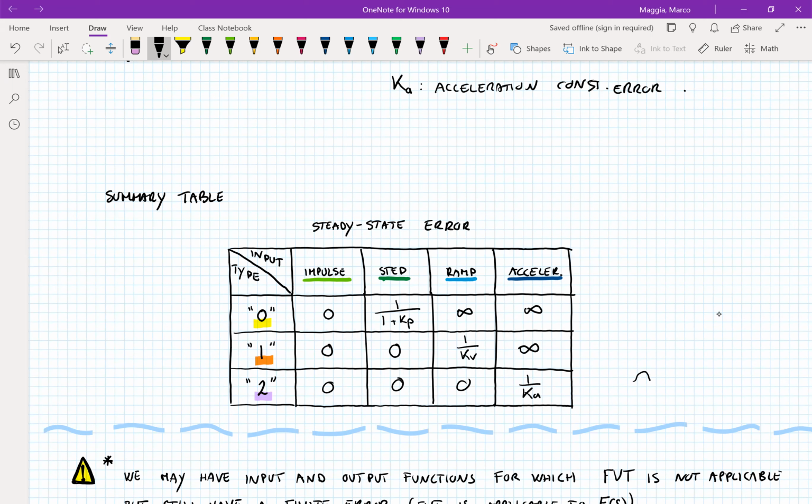That is, it will be at a constant distance from the car in front, but this distance will be finite.